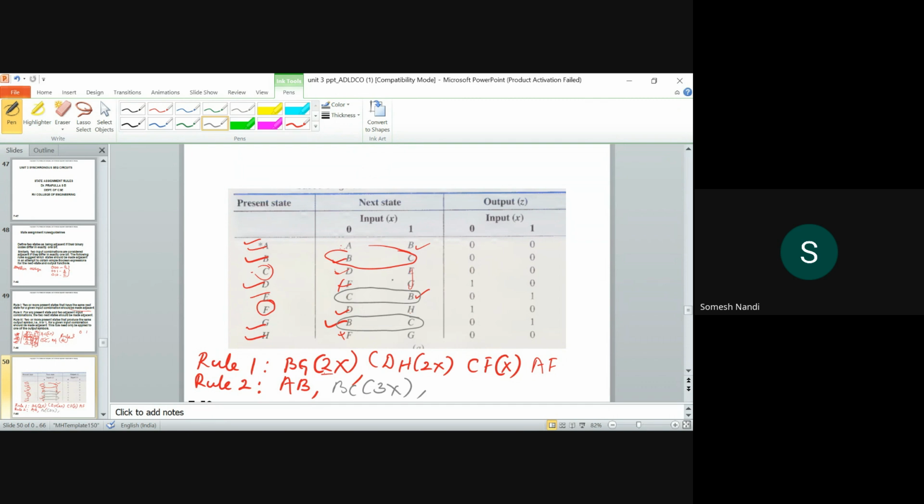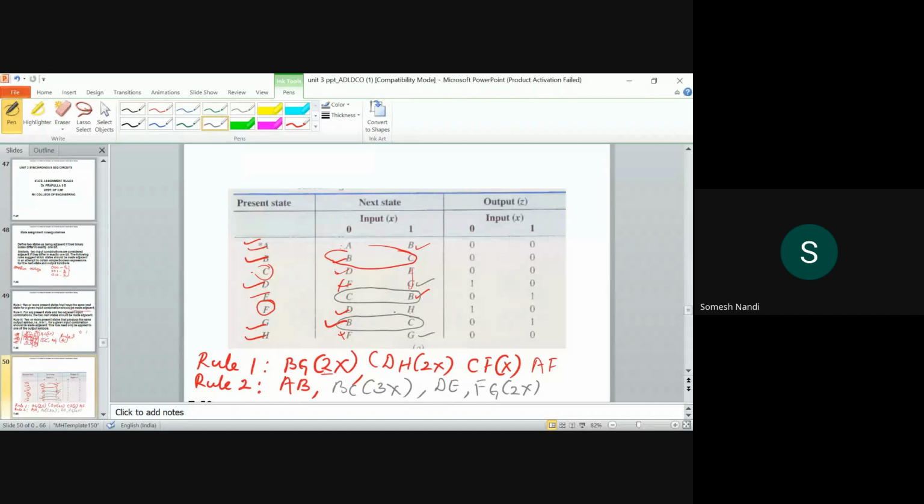Then DE. DE, is it appearing more than once? No, only once. So next will be DE. Next, it is FG. Is FG appearing? Yes, it is appearing twice. So you can write FG and it appears 2 times.